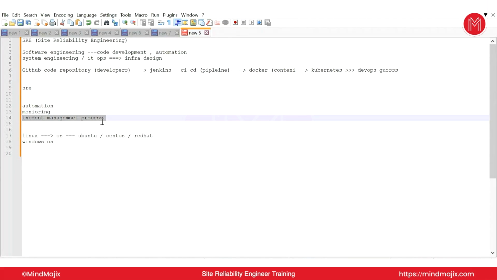The next thing is the incident management process. As an SRE, the incident management process is very important. Briefly, I will tell you what it is, and in the coming sessions, mostly tomorrow, we will do a deep dive. Let us say you got an issue or an alert from the monitoring tool.